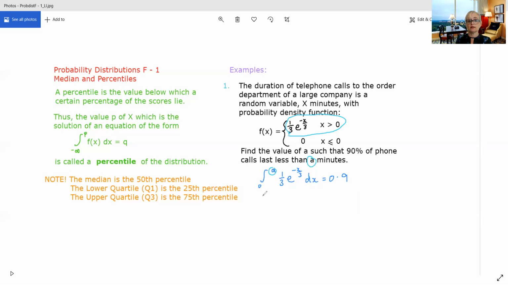Well, really, it's just negative e to the negative x on 3 from a to 0, isn't it? Because when you differentiate that back again, the third is going to come out and the negative is going to come out. When we sub in, what we're going to get is negative e to the negative a on 3 minus negative e to the 0. Well, e to the 0 is 1 and that was a plus.